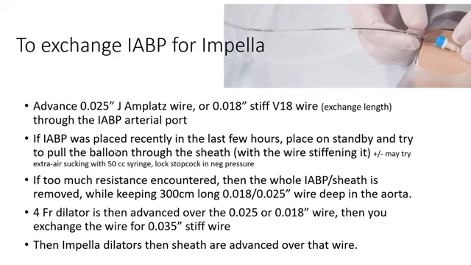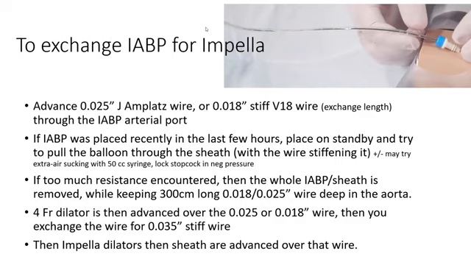So if the balloon pump has been placed in the last few hours, I advance that wire through it, I place it on standby, and I try to pull the balloon through the sheath. So if it hasn't been inflating for several days, the balloon pump may still have a low enough profile when deflated that you can pull it through the sheath. But don't pull too hard. Try to pull it along with the support of the wire. It comes out through the sheath, great.